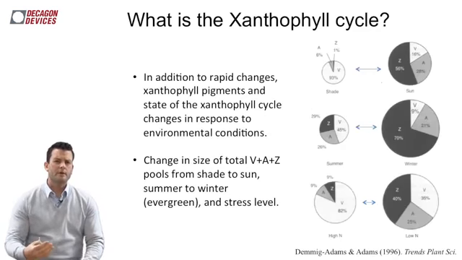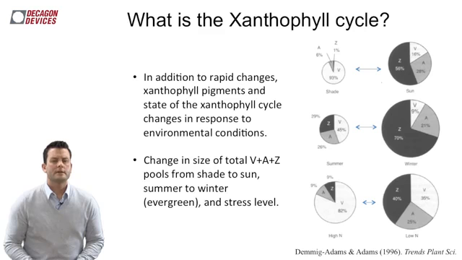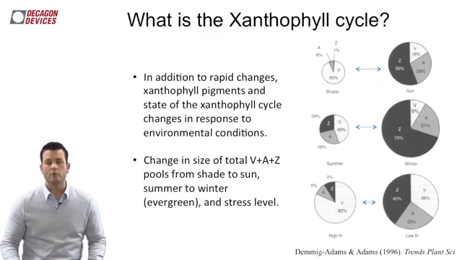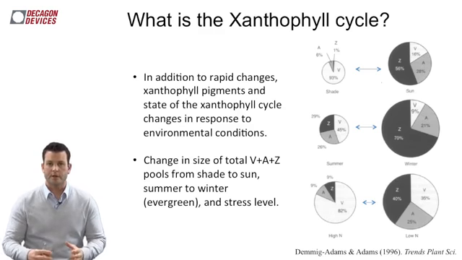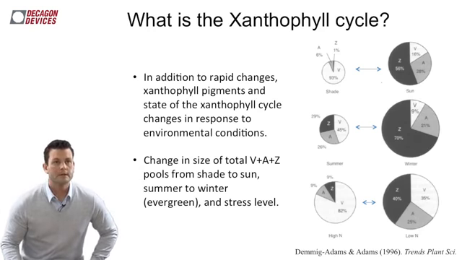So what I've talked about just on this previous slide has been kind of this cyclical process, but the xanthophyll cycle and xanthophylls in general also display some other dynamics over longer time periods that are somewhat interesting.